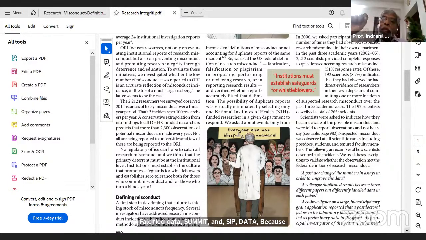Because when you are applying for a large grant, the granting agency checks whether you have enough track record, visible, credible track record in that area.